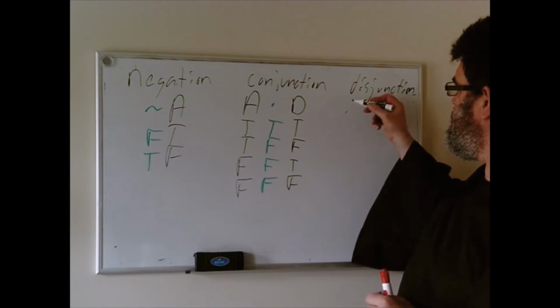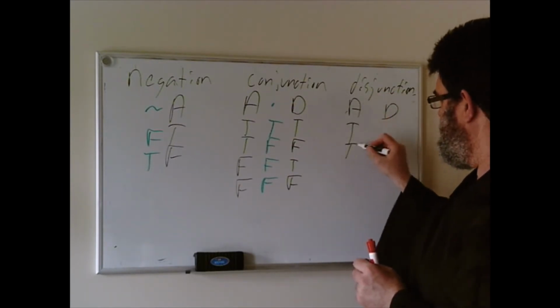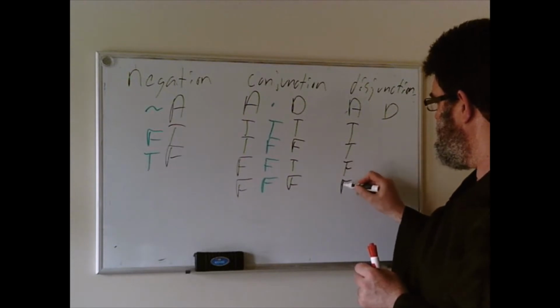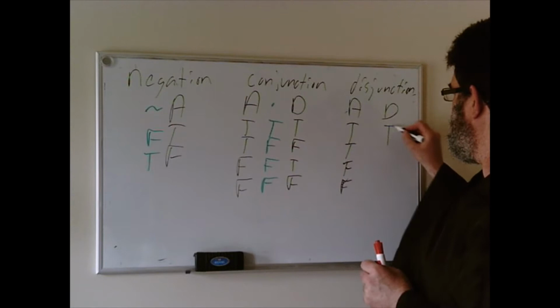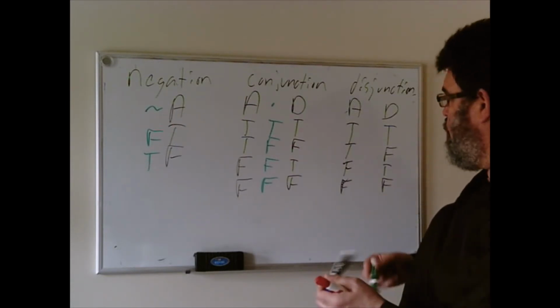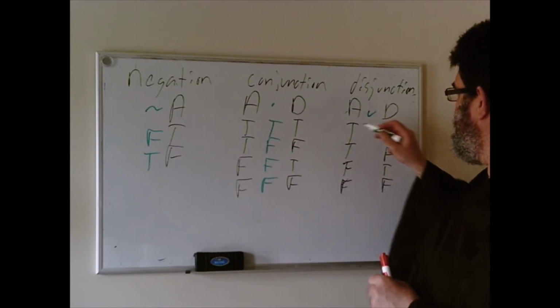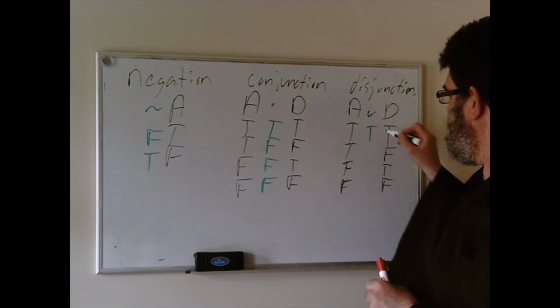Same goes with our disjunction. If I have my two letters again, and I have A or D, then again, if they're both true, then it's true.